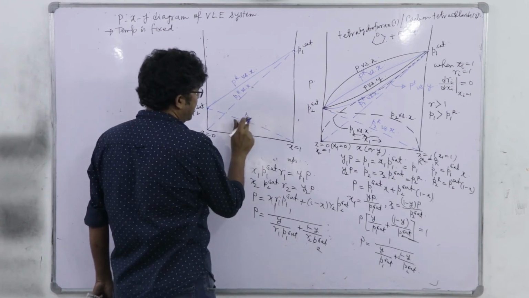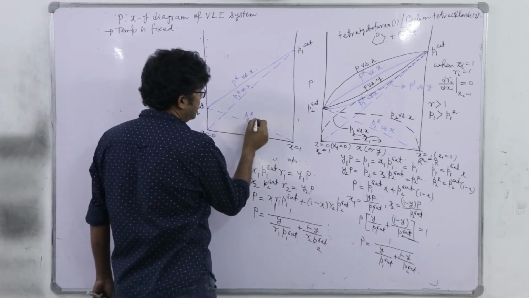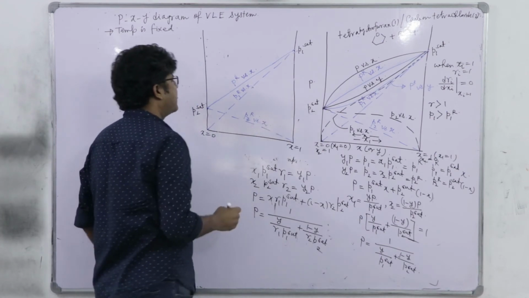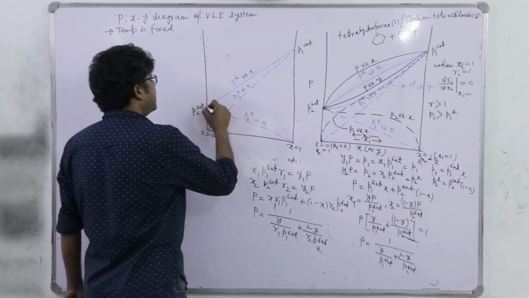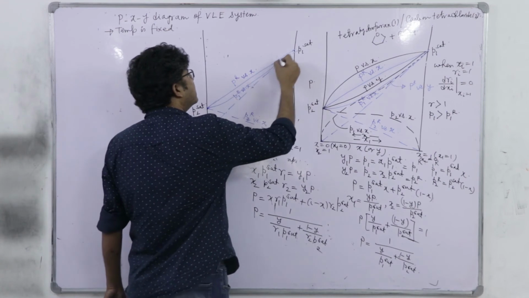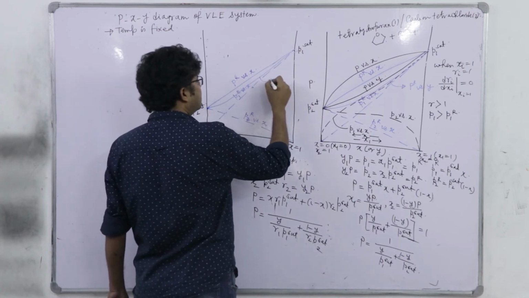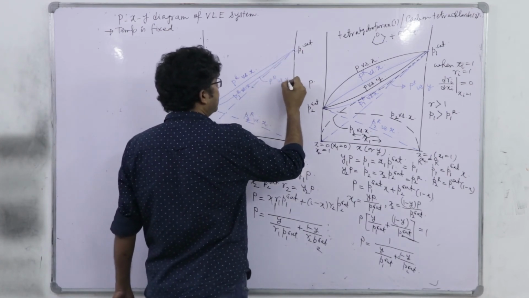This is P2 Raoult versus x, right, and this is, let us say, P Raoult versus y.